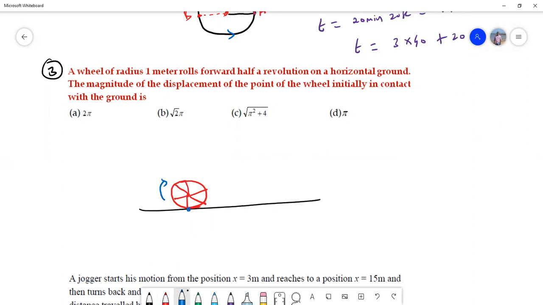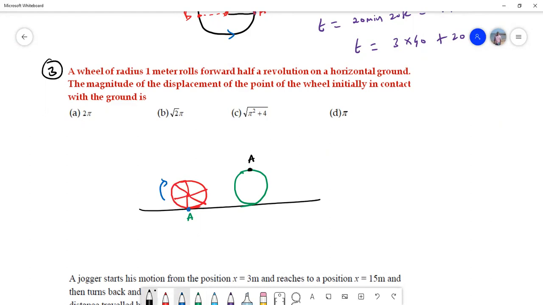Now what happens after some time, this point will keep on moving. After half a revolution, let us take this point as A, it will come to this point, say B. Because it is rotating upwards, only after this it will go to this point. Now, what is the definition of distance and displacement?